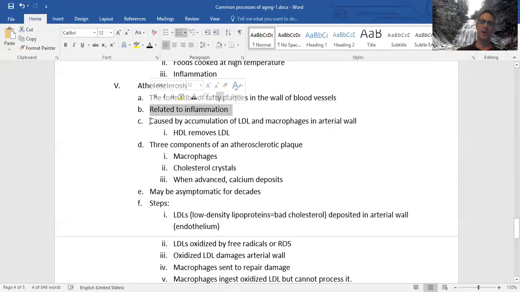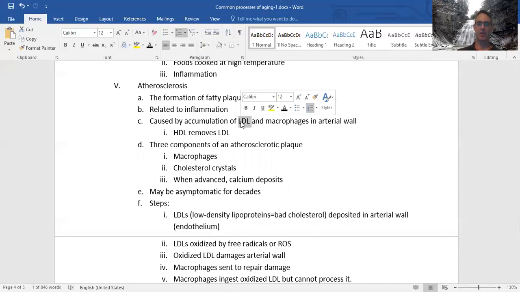And it's generally caused by LDL. This is low density lipoprotein. Generally, that's what they refer to as the bad cholesterol. And when LDLs get built up in the arterial wall, macrophages, these are immune cells, white blood cells, start to accumulate, and that's where the fatty plaque gets its start.